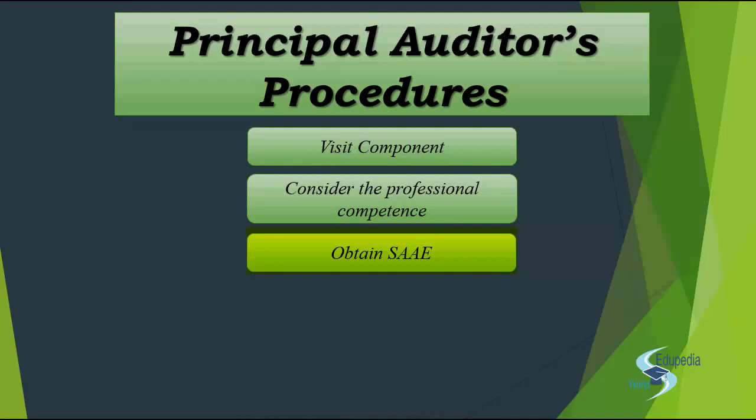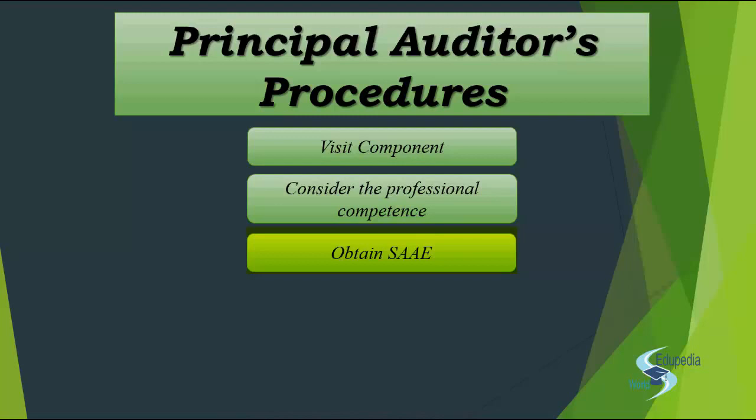So when we're talking about obtaining sufficient and appropriate audit evidence, first of all we need to know for what you are obtaining the evidence. Are you obtaining the evidence for the transactions, facts and events at the branch or the component? No. You are obtaining sufficient and appropriate audit evidence to analyze whether the work of the other auditor is adequate for your purposes.